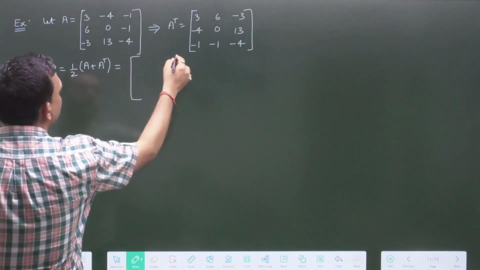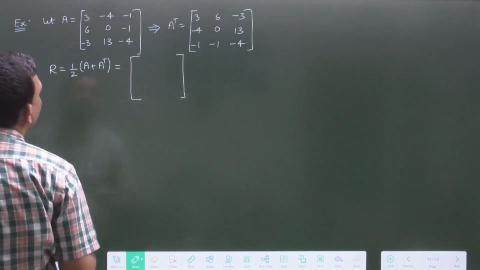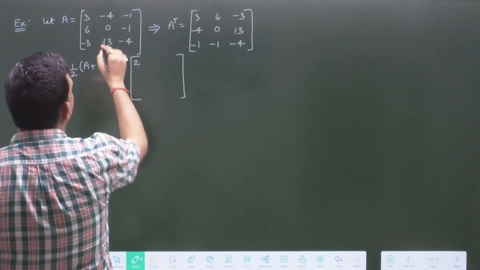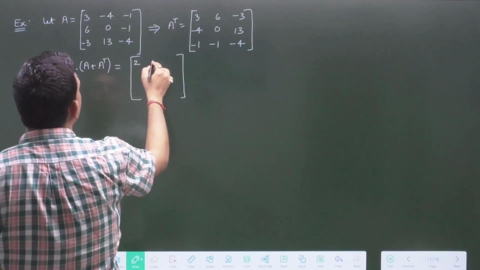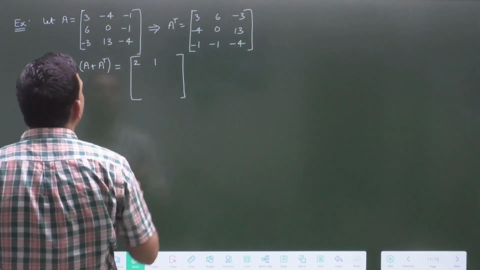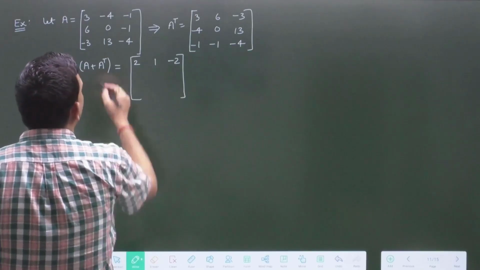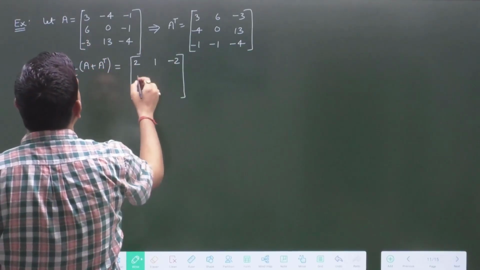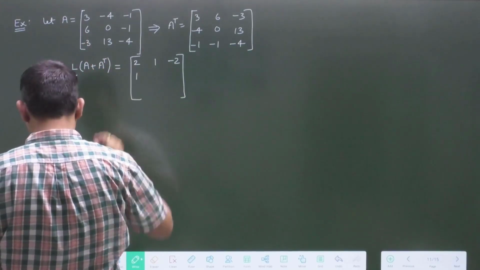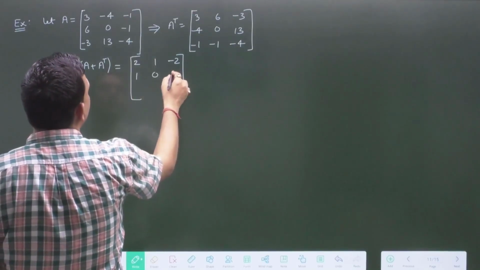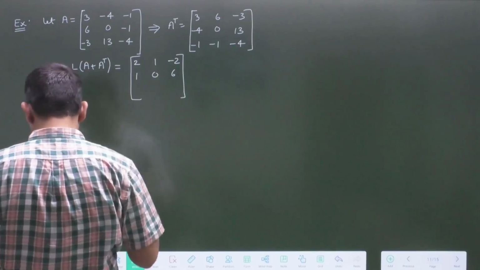Write down this matrix. So 3 plus 3 is 6 by 2, this is 3. Minus 4 plus 6, 2, this will be 1. Minus 4 and this will be minus 2. Then 6 minus 4, 2, this is 1. Then 0 plus 0. Minus 1, this is 6, 12 by 2 is 6.